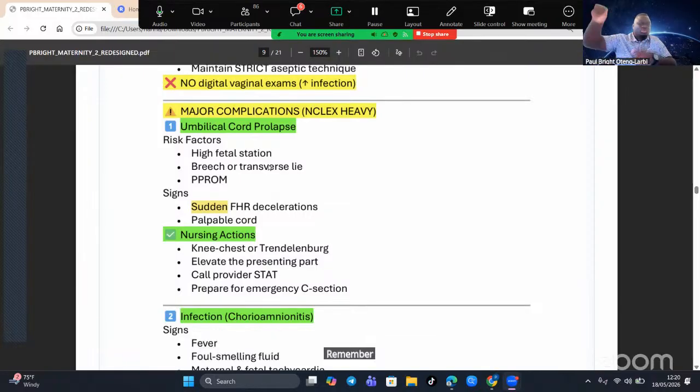Remember your VEAL CHOP. Okay, then your palpable cord. So your knee-chest position, elevating the presenting part and holding it until the doctor arrives or we take the patient to theater. Then you prepare for emergency C-section.